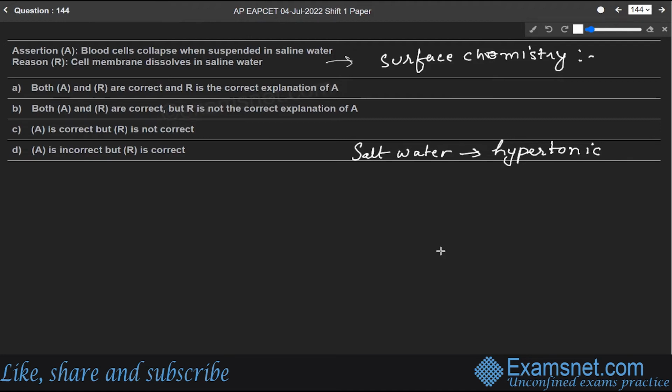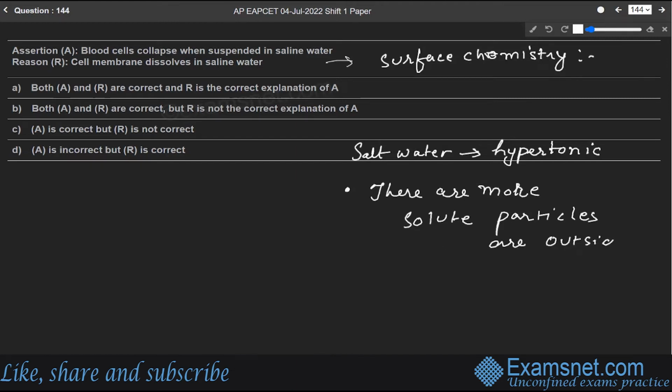If it is a hypertonic solution, that means there are more solute particles outside in the salt water.